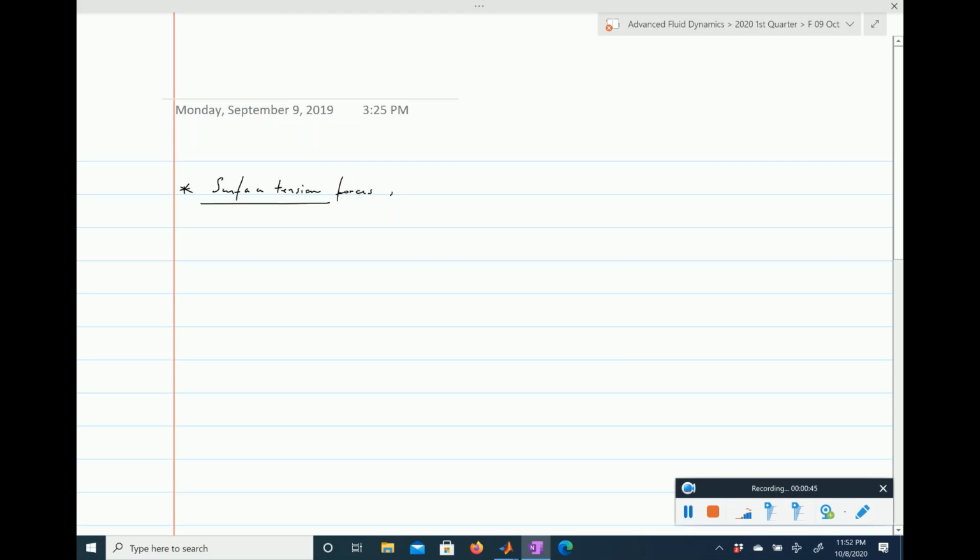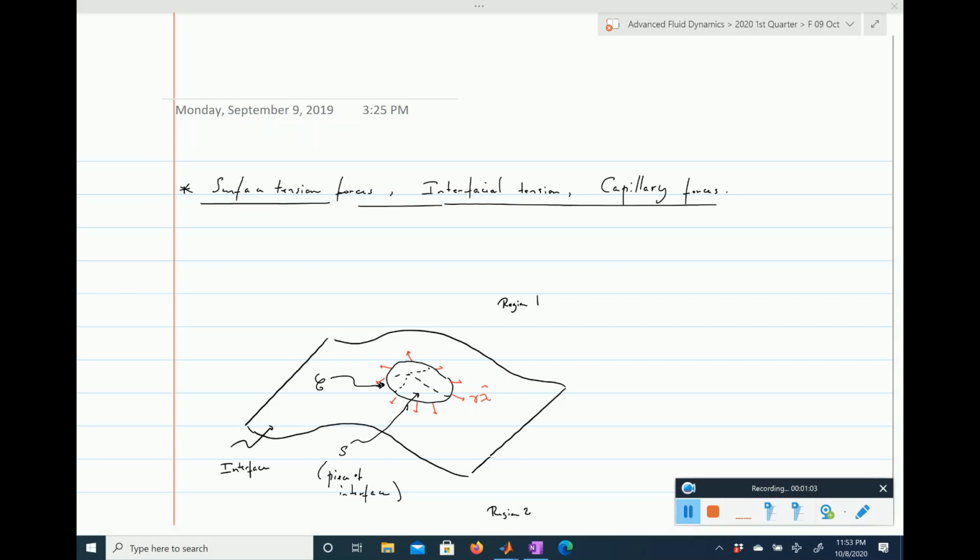But you can also hear them referred to as interfacial tension, interfacial forces, or capillary forces. Okay, so let's consider our interface again.